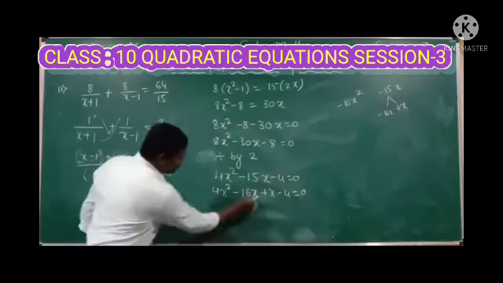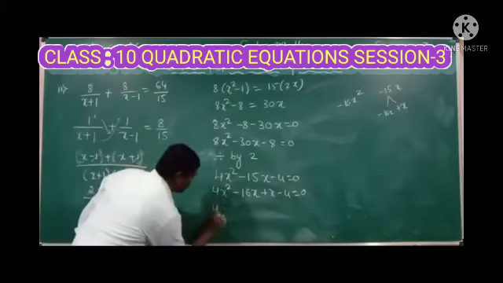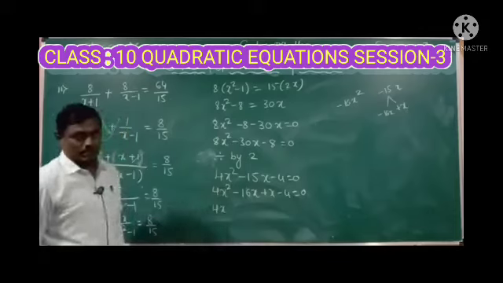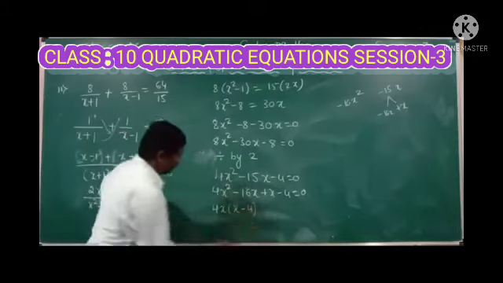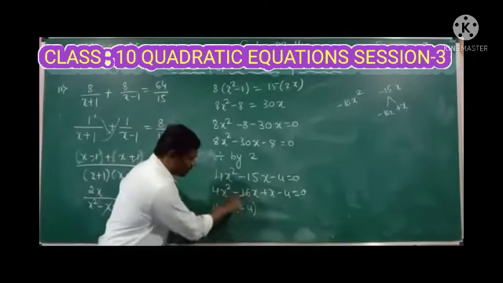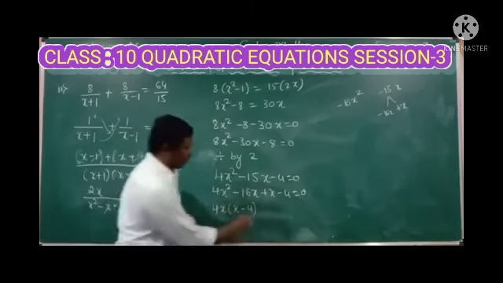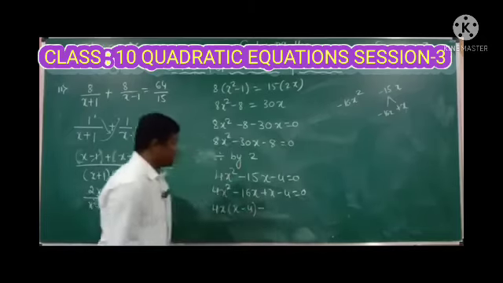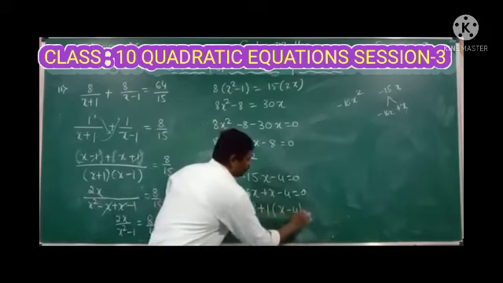In the first two terms 4 and 16 are multiples of 4, that's why I am taking 4x as a common factor. The remaining term is x minus 4. 4x into x, 4x square, 4 fours are 16, minus as it is and x as it is. Now in the last two terms, what do I have to take? 1 as a common factor, x minus 4 is equal to 0.